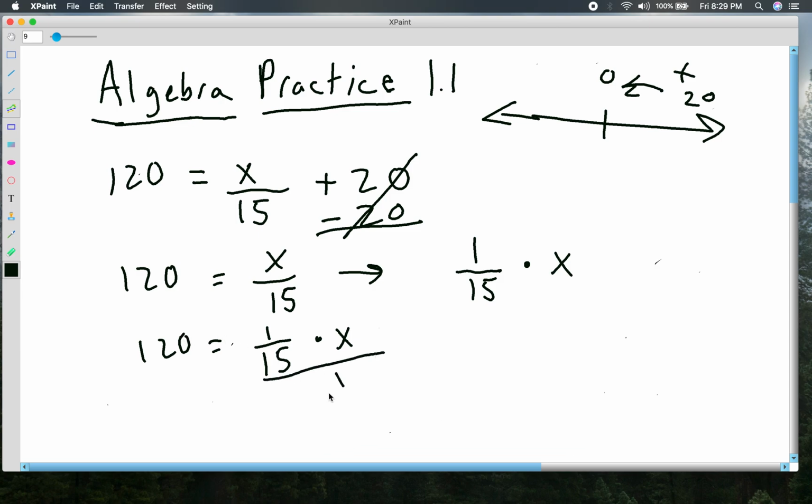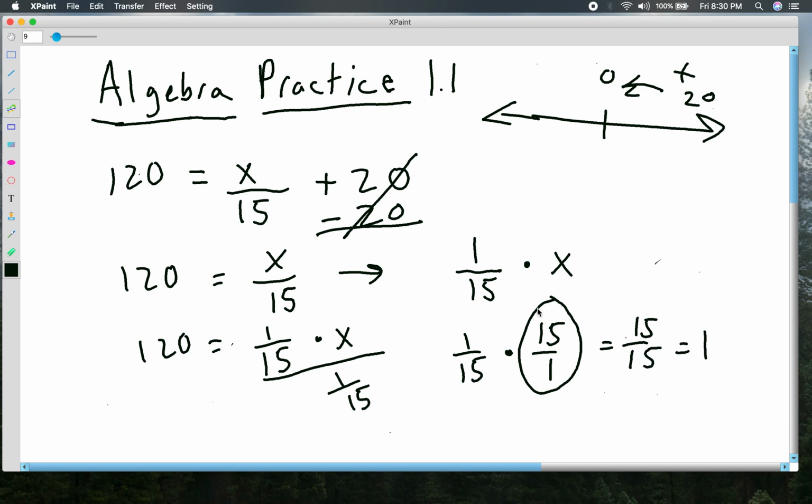Divide by 1 over 15, which as we know is also the same as multiplying by the reciprocal, which is 15 over 1, which gives us 15 over 15, which gives us 1. But I multiplied by 15 over 1 here, which means I had to multiply by 15 over 1 here.